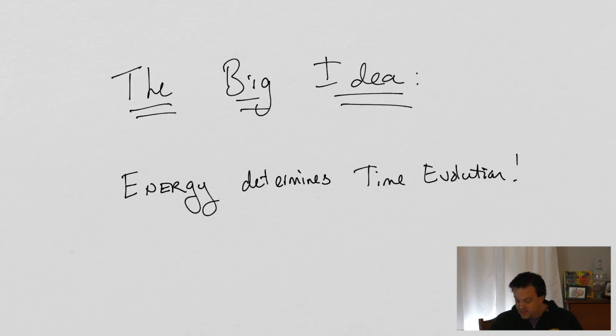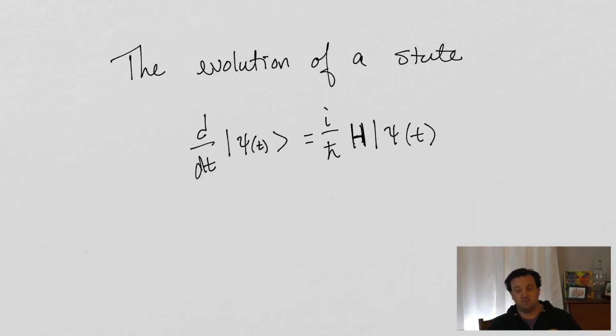And if you buy that, or if you remember that, then it's not too big of a jump for us to look at the Schrodinger equation, the equation that everybody talks about when they talk about quantum mechanics.